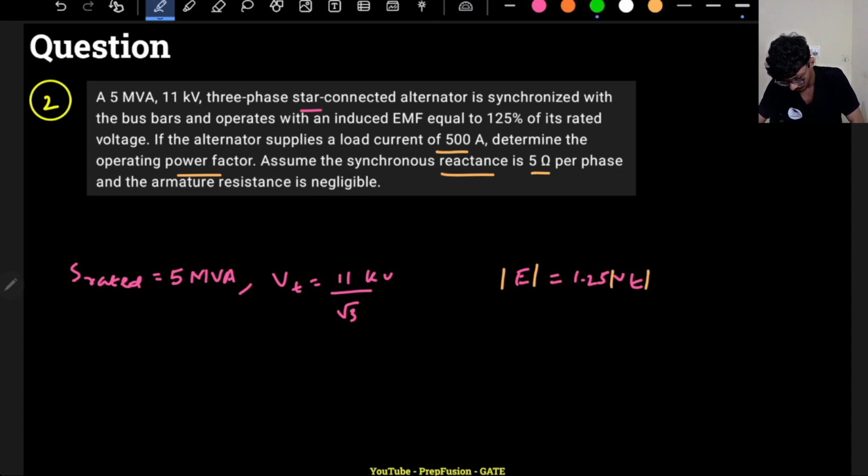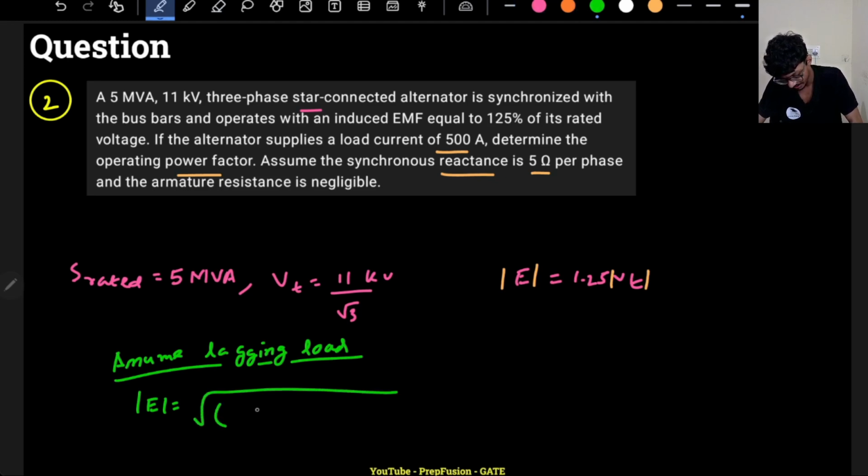Now I again know this formula. The formula of the magnitude of E will always be the same no matter what. So let's first assume a lagging load, then we will see if our assumption is correct or wrong.